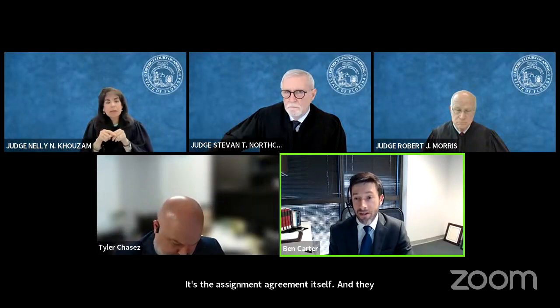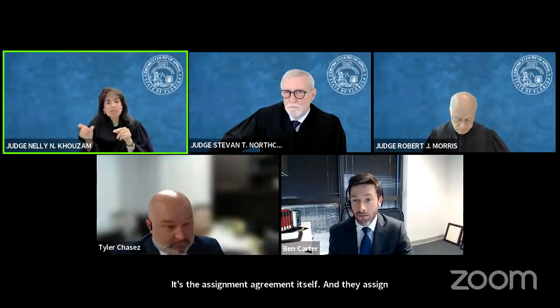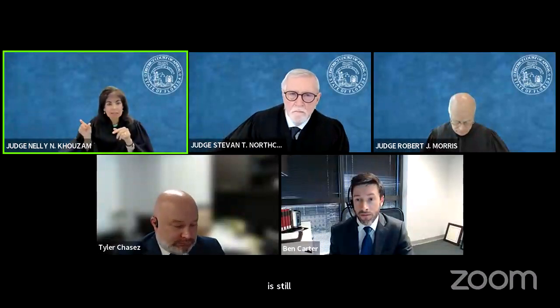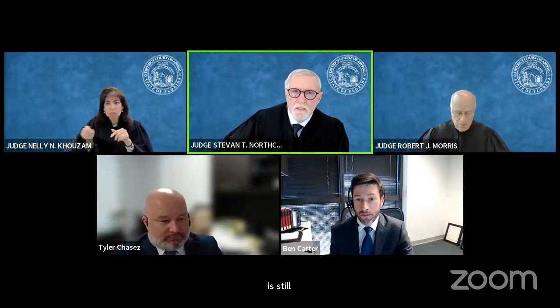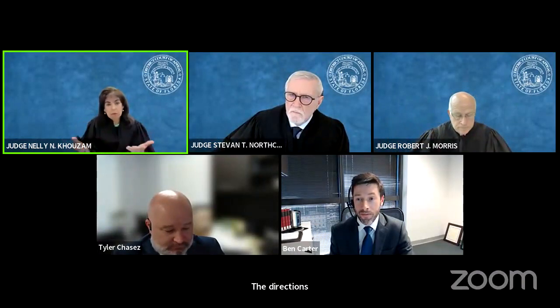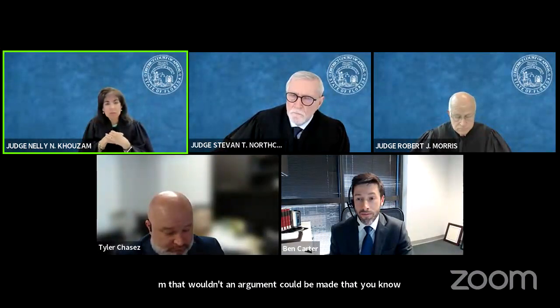And the assignment is still... If the assignment does not have that language dealing with the roofing and did not have that specific language, direction to pay. Correct. If you remove that from that, wouldn't an argument be made that there's no need to comply with the statute because you don't have a specific direction to pay?